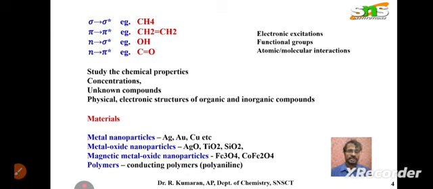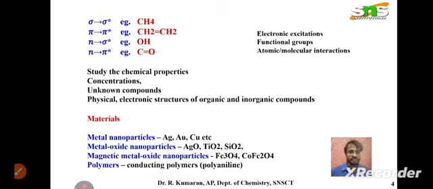As we already discussed in that instrumentation picture, it deals with the electronic excitations shown here, and it clearly denotes what functional groups are present in the material, based on the atomic and molecular interactions of the materials.